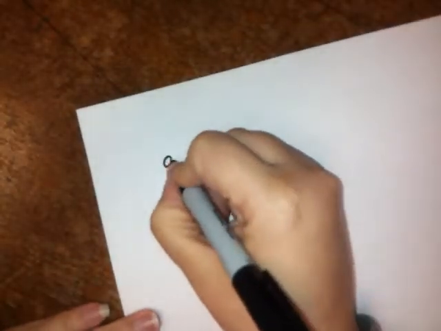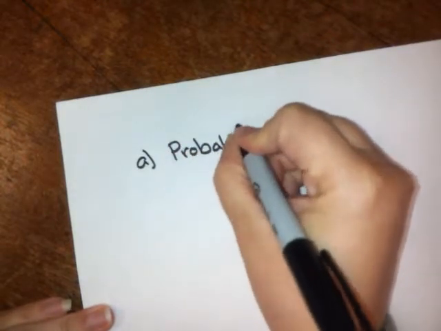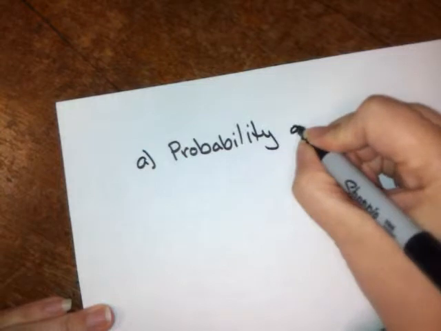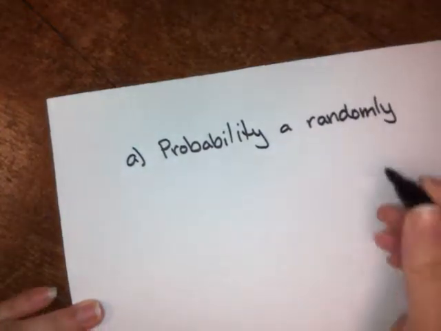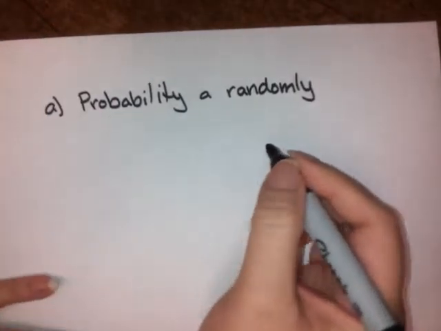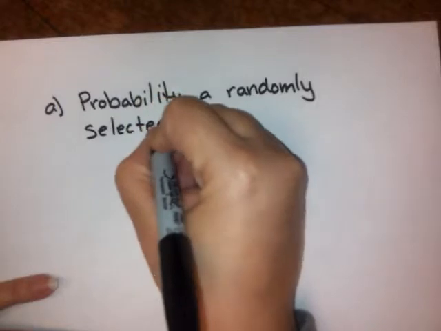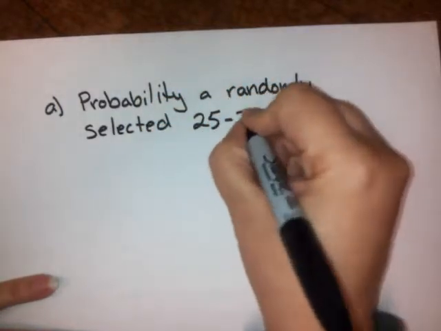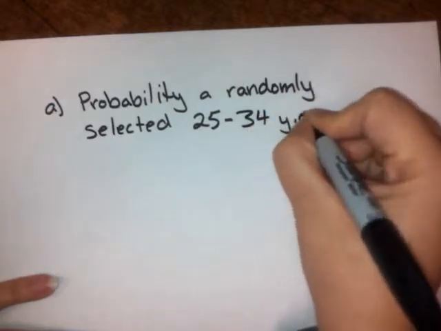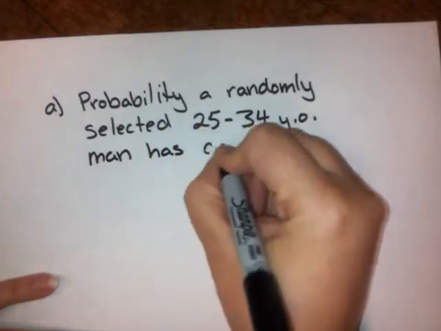So we said for part A, the probability a randomly selected 25 to 34-year-old man has cardiovascular disease.